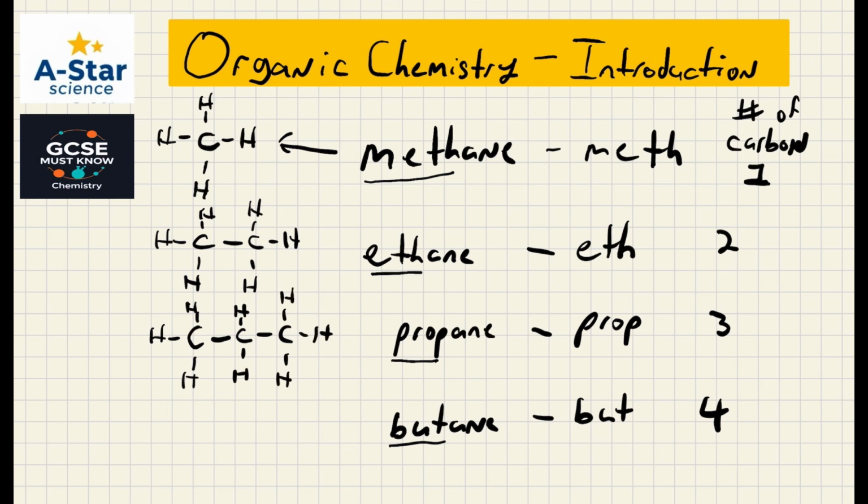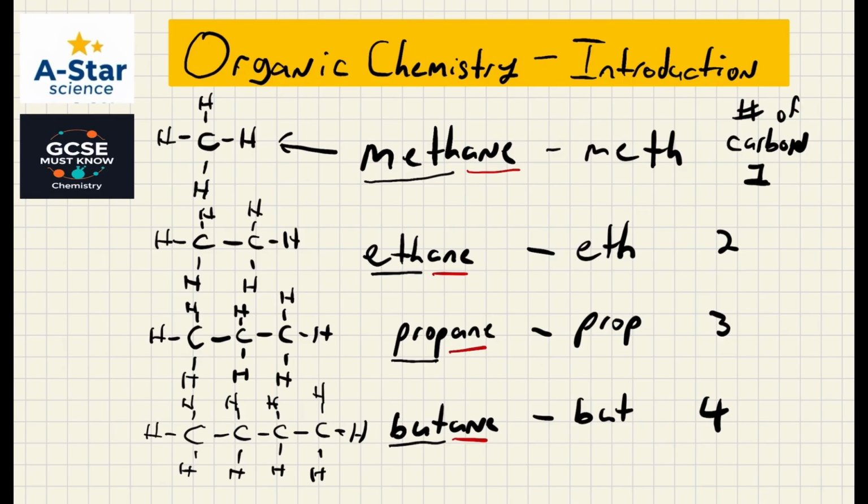Carbon is often bonded to hydrogen, but not only hydrogen, other things, but in this case, hydrogen. And but, which is 4 carbons and has hydrogens bonded all around. Now, if you notice, I'm using the suffix ane, A-N-E.